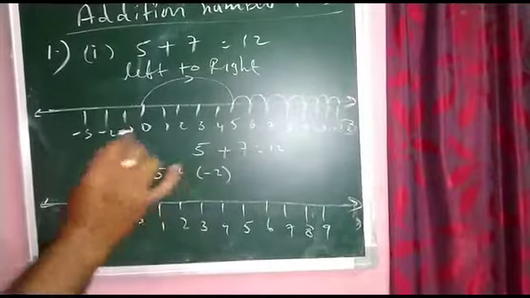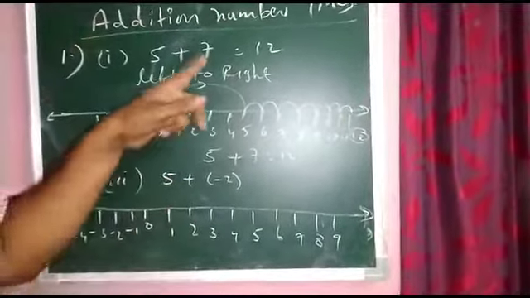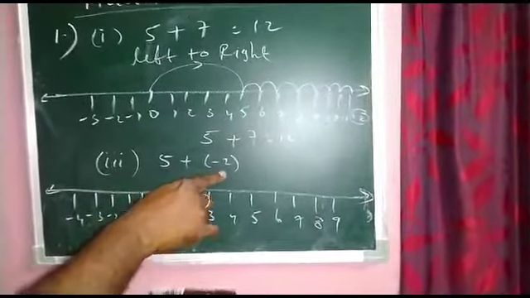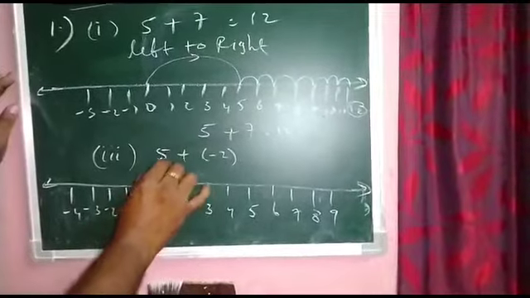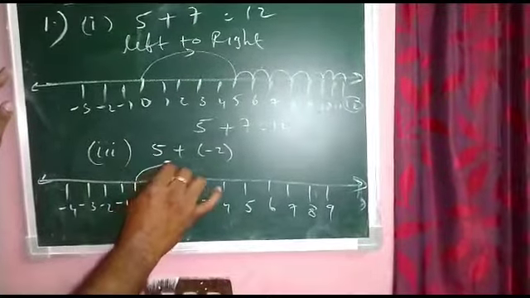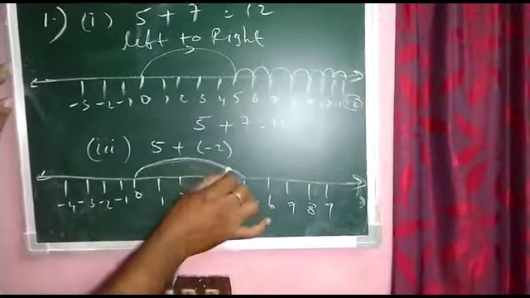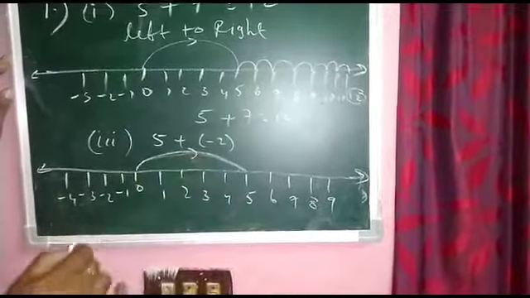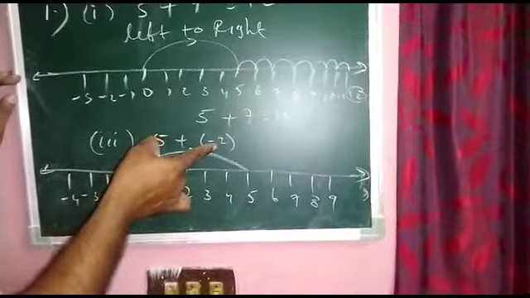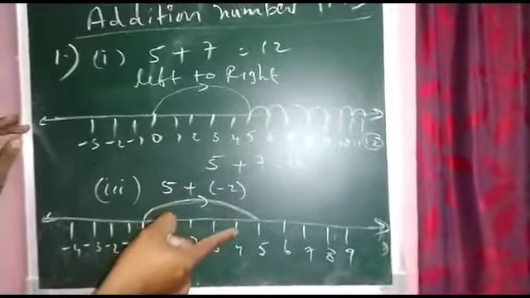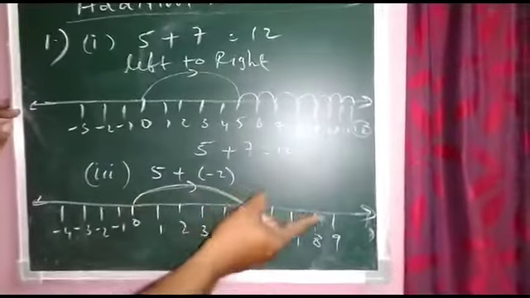Here, to a positive number, which number are you adding? Now you add a negative number. First, this is a positive number only. First we go from 0 to 5, left to right. But since a negative number is added, the movement is from right to left.